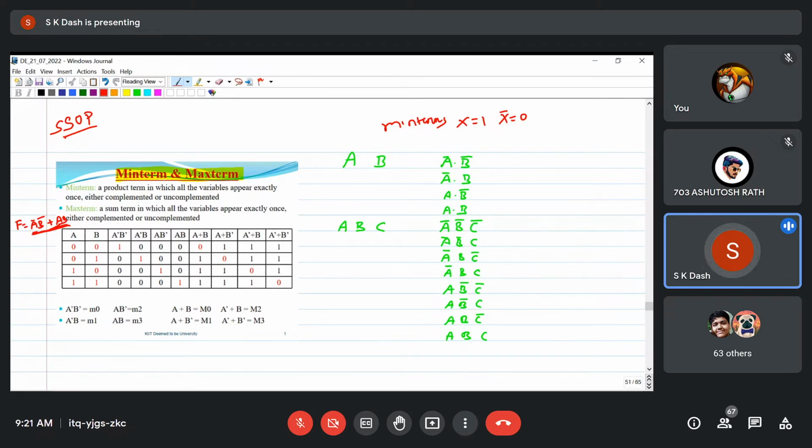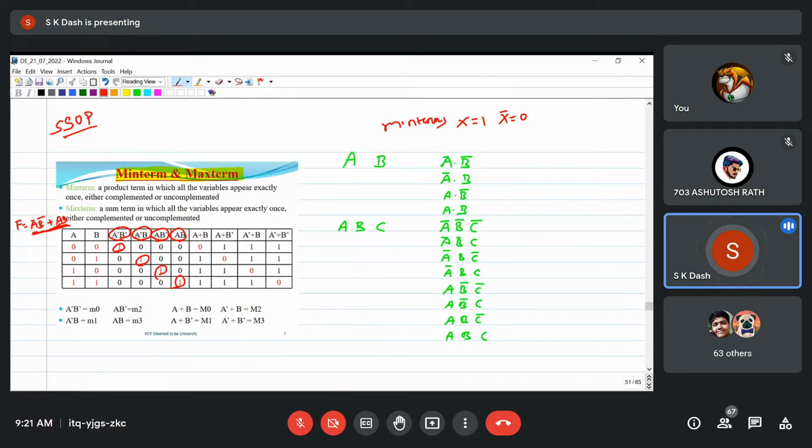Okay. So when I represent a function in the standard SOP form, each product term will remain 1 only for a particular combination. As you can see here, they will be 1 for a particular combination. So when you add them, for those particular combinations, output should be equal to 1.